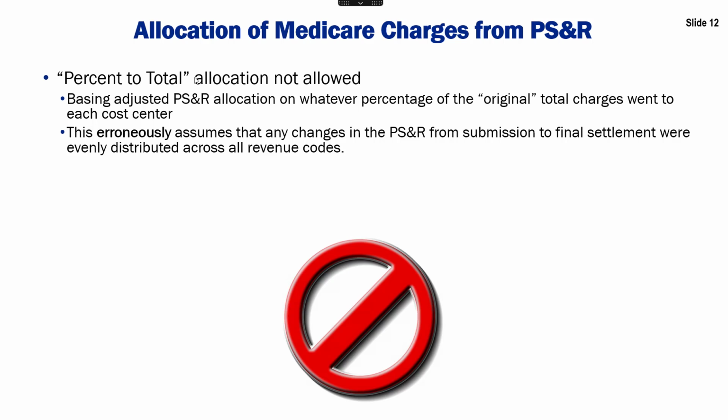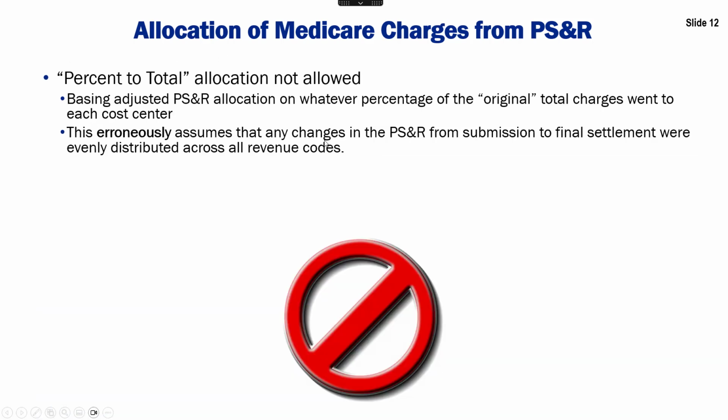The problem is there's an erroneous assumption inherent to this, that any changes that have occurred in the PSR since the original submission occurred evenly across all revenue codes. And that's just flat out not often the case. The claims that are adjusted might fall into just a couple of the revenue codes, where most of the revenue codes may not have had a change, or may have had a minor change. The point is, this is a faulty assumption.